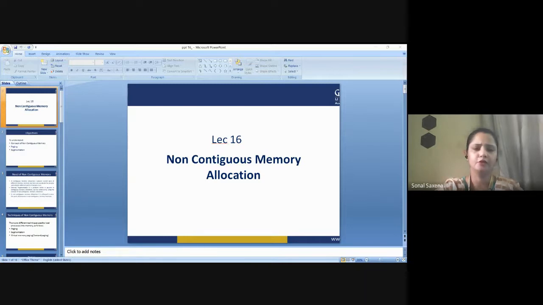With that scheme of contiguous memory allocation, we saw an important flaw: external fragmentation and internal fragmentation, where there is memory wastage and it creates holes in the memory. What are memory holes? Memory holes are unused memory spaces which cannot be used by any process further, because the sizes of processes vary.